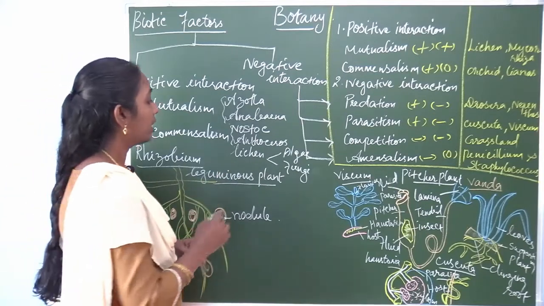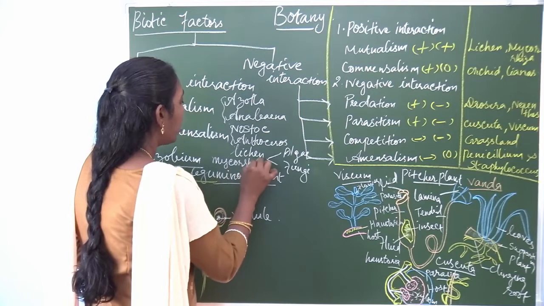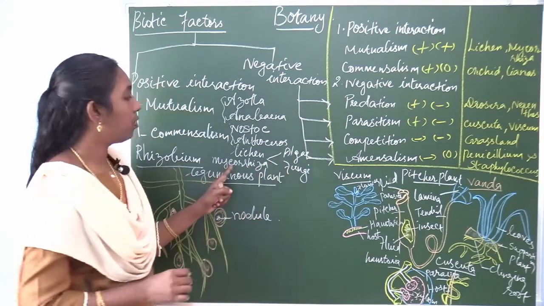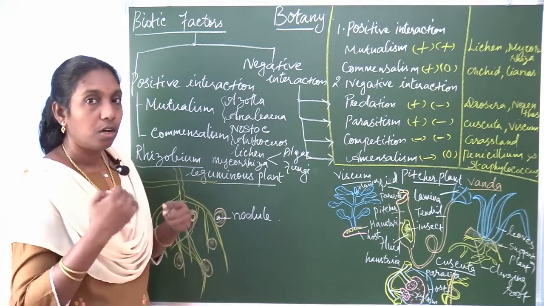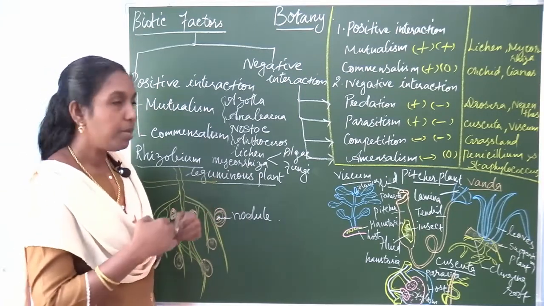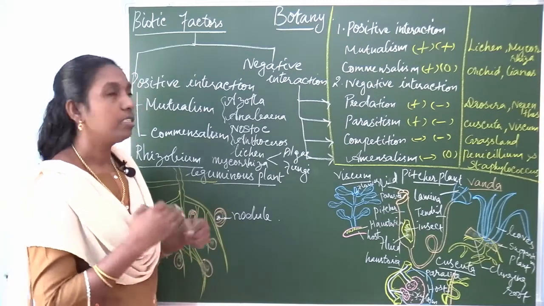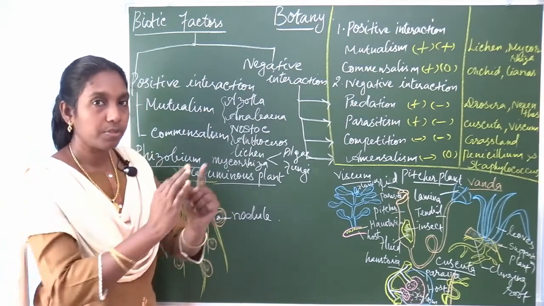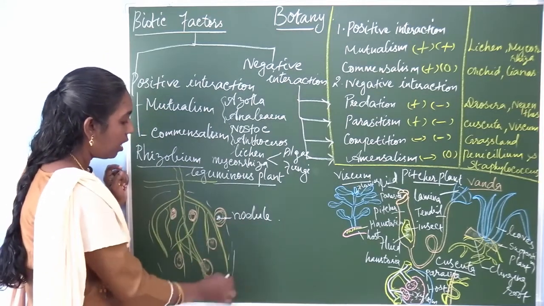Another example, mycorrhiza. What is mycorrhiza? This is the interaction between roots of higher plants and fungus. The fungus surrounds the roots of higher plants as a sheath.